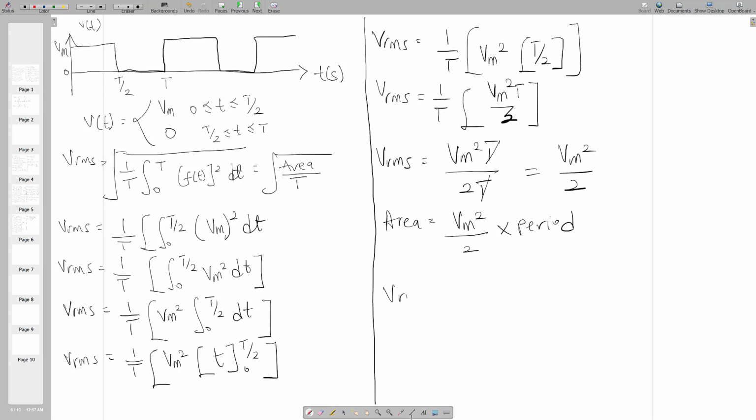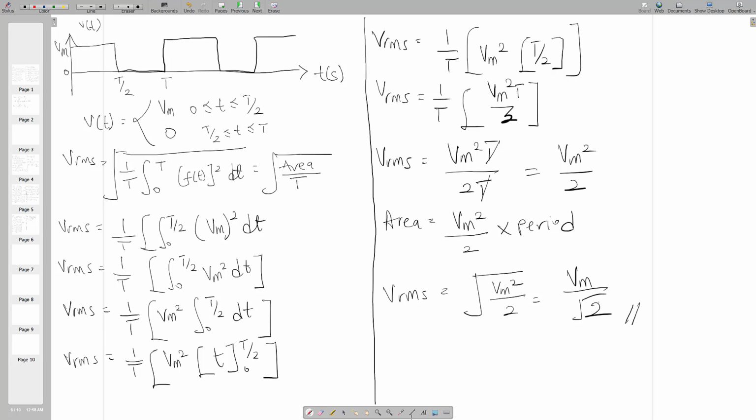And if you want the RMS value, you just take the square root of the Vm squared on 2, and you get Vm on root 2.